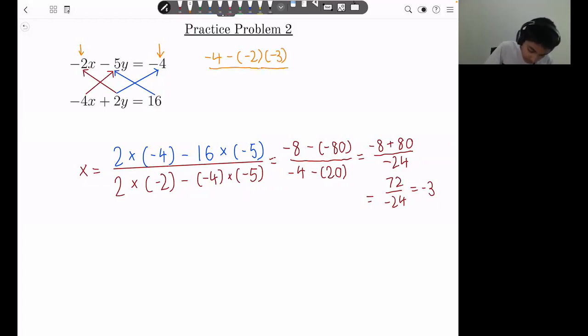The coefficient of y is just negative 5. And remember, include the negatives. Don't forget the negatives. And negative 4 minus, well, negative 2 times negative 3 is just 2 times 3, which is 6, over negative 5, which is equal to negative 10 over negative 5, or 2. So y equals 2.